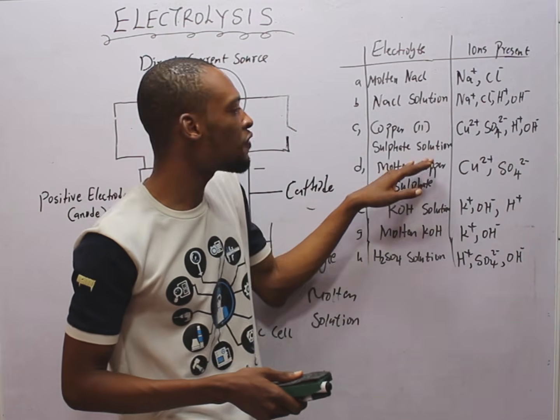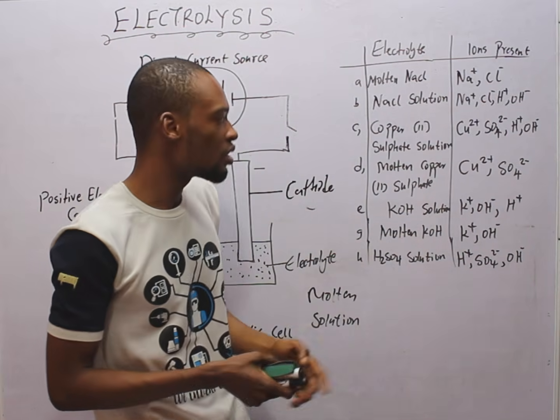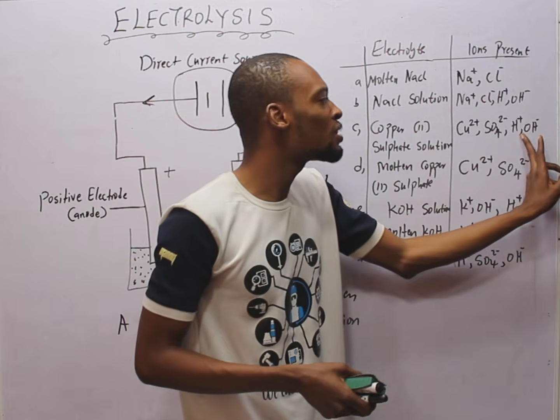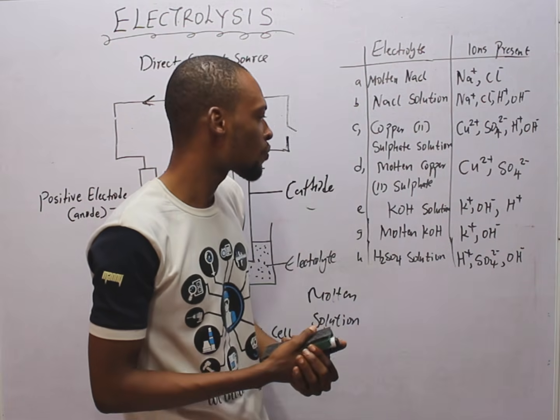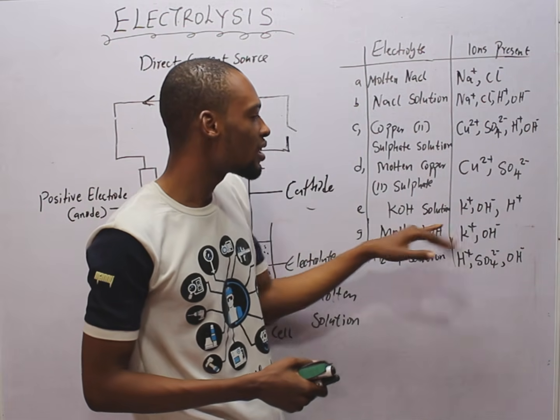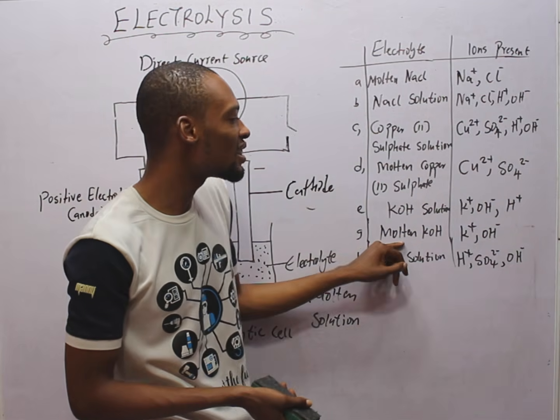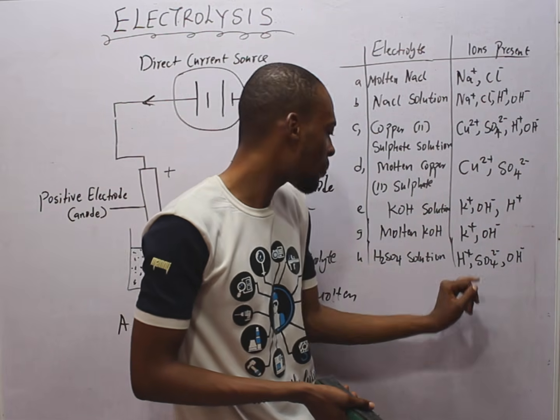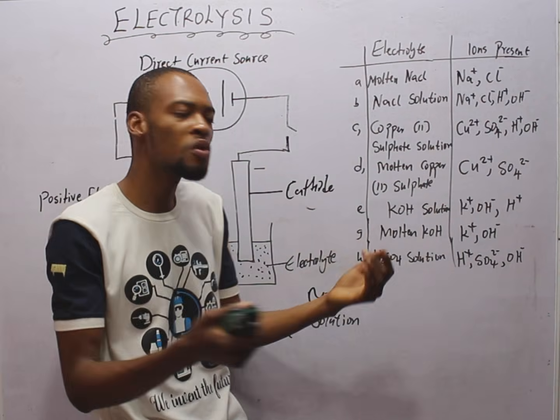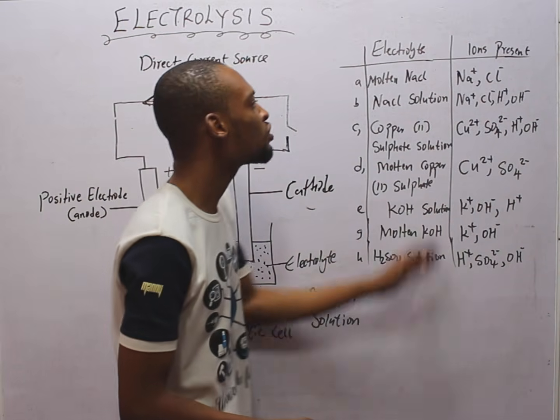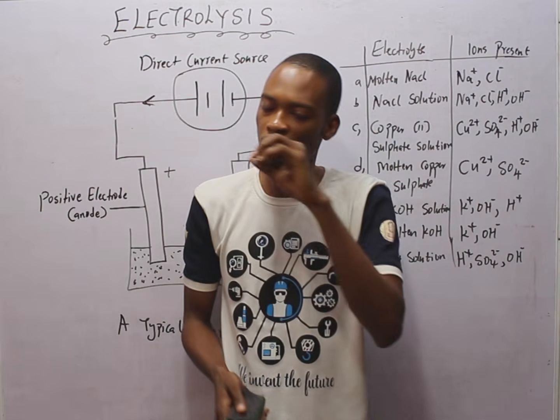But in copper 2 sulphate solution, when water is introduced, H plus and OH minus are added. KOH solution: K plus, OH minus, and H plus. But in molten state, it's K plus and OH minus. So on and so forth. Take note of the difference between molten state and solution.